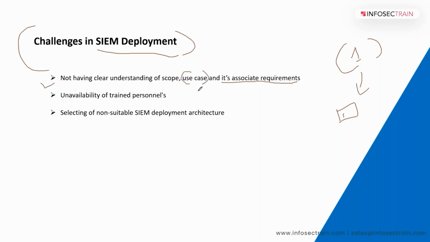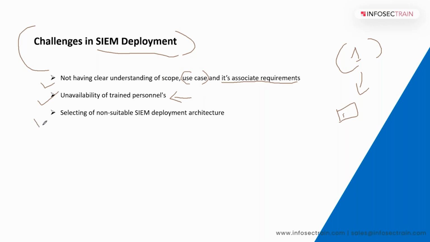There will be a challenge in SIEM implementation. Okay, unavailability of a trained person. If there is no trained, skillful employee working on that SIEM solution, that may be a challenge. Absolutely yes, it will be a challenging situation for an organization.